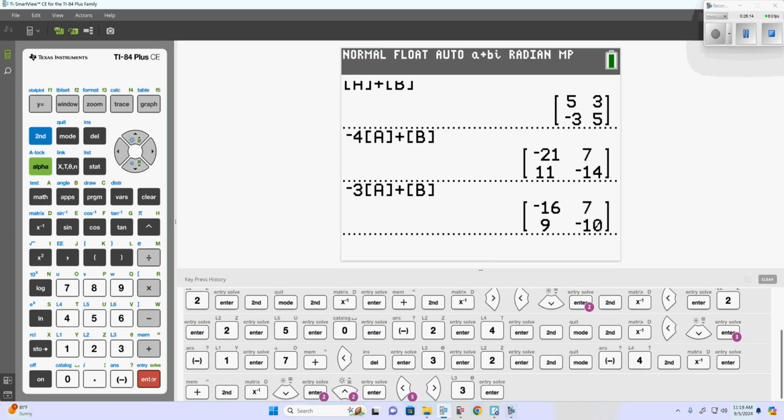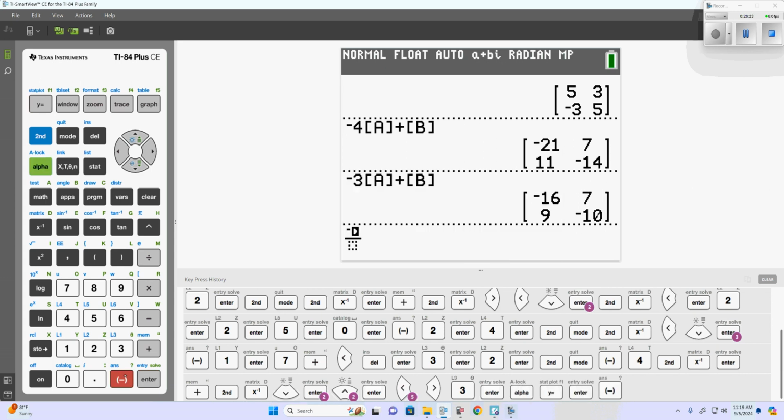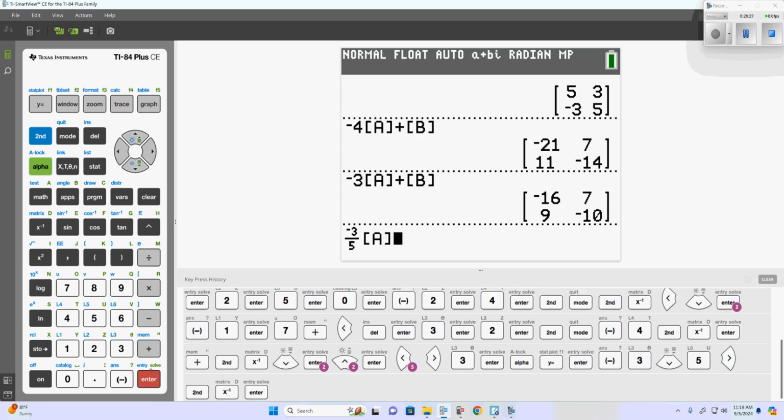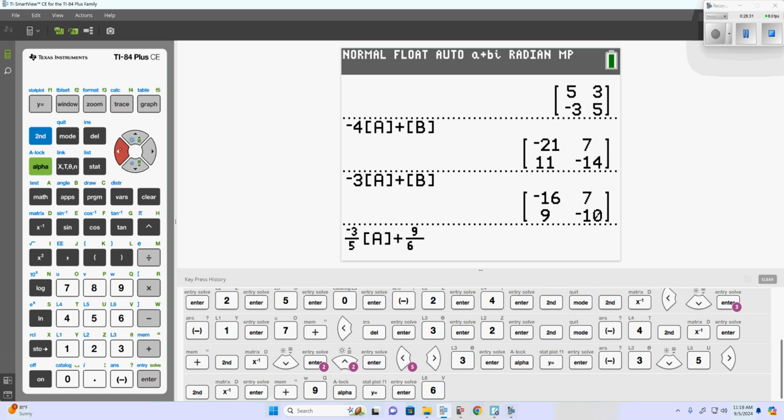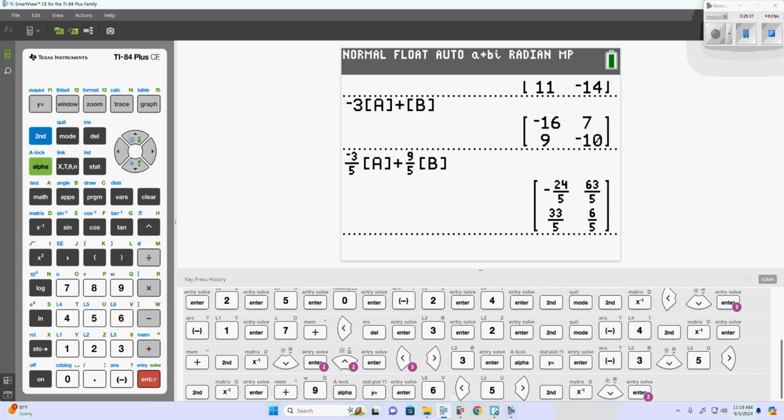So that'd be A's scalar. I'm just making something up, because the scalar is just a number we're scaling it by.